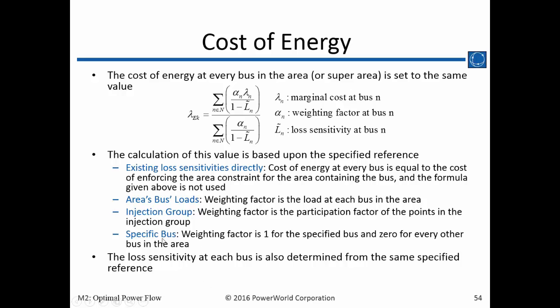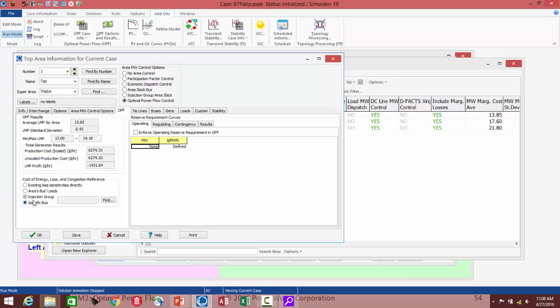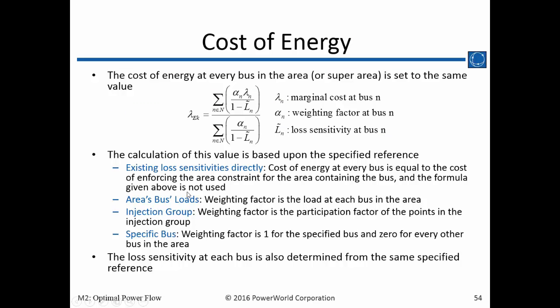And then you can also pick a specific bus in the area. If you choose that, then you click the Find button and you go find a bus. And then the LMP at that bus would set the cost of energy for that area: the LMP divided by 1 minus the loss sensitivity at that bus.